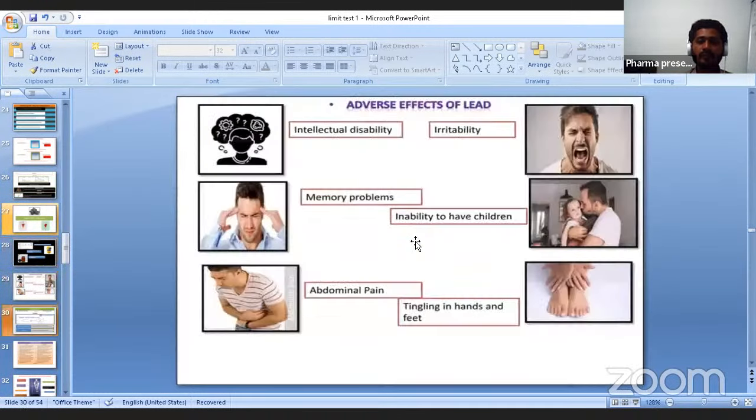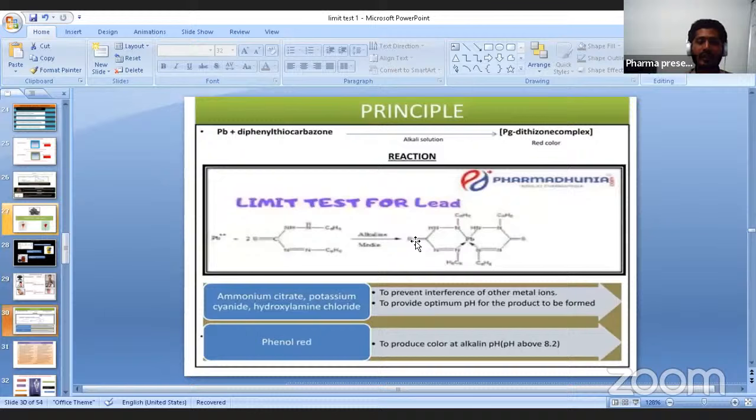Okay, so we have seen about the lead, in which we are using phenol red solution. The pH has to be alkaline, then only it will give the proper color. And one thing, if we are not maintaining the pH above 9.5, this potassium cyanide might produce hydrogen cyanide, which is a very poisonous gas.